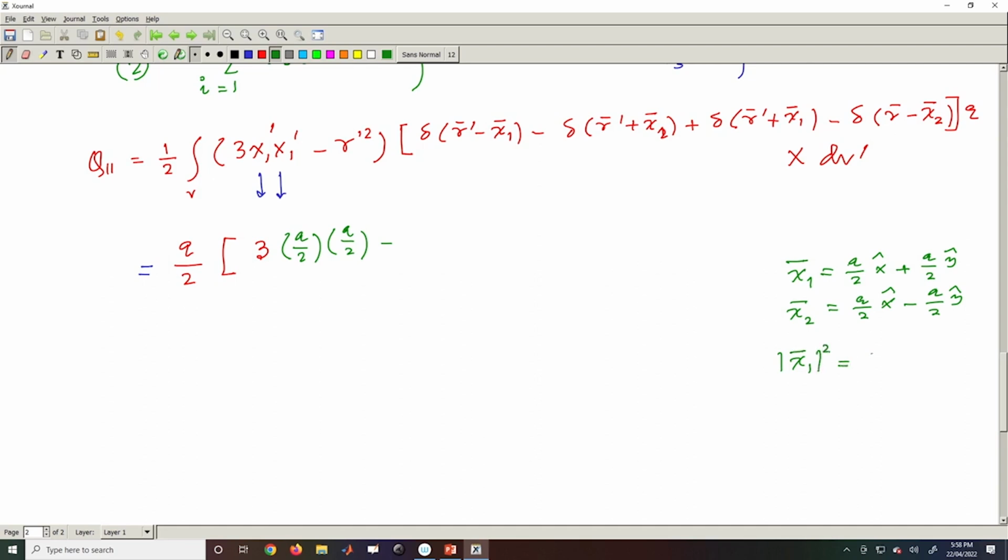It is simply a square by 4 plus a square by 4, so it is a square divided by 2, that is the value.